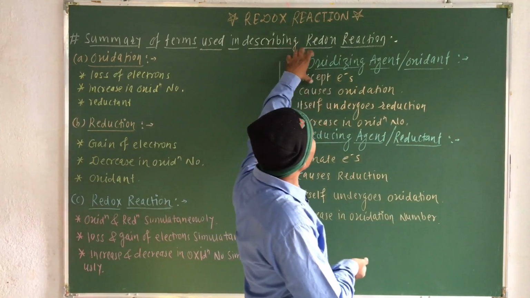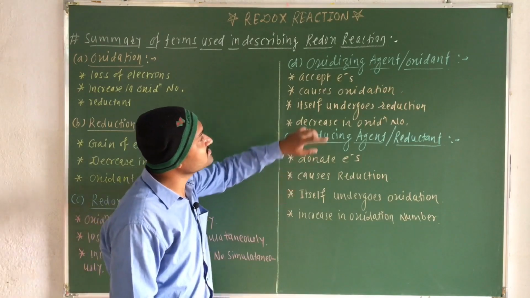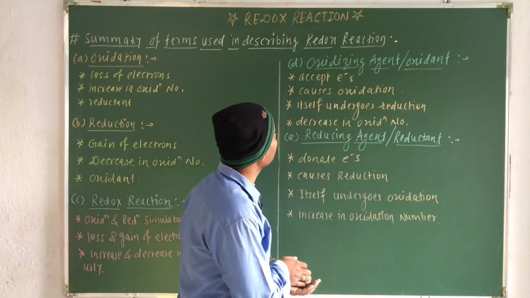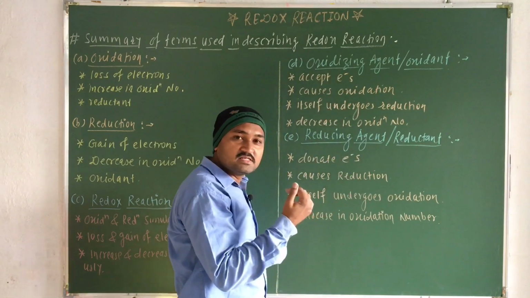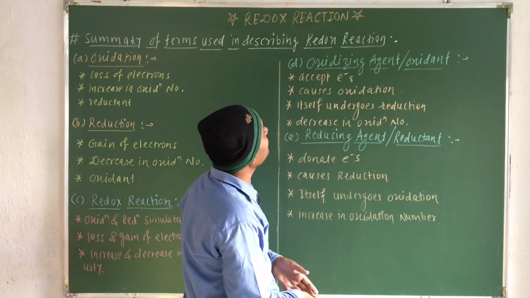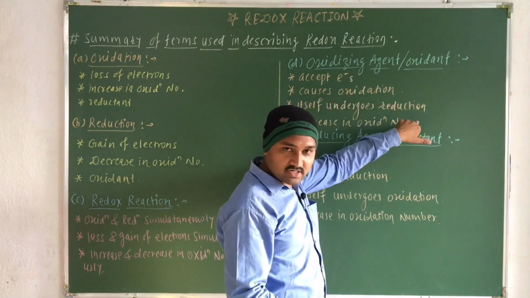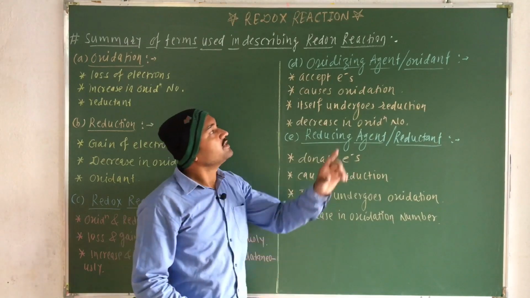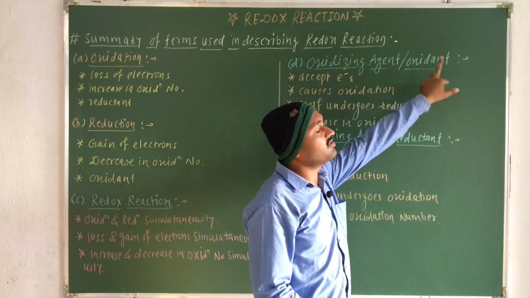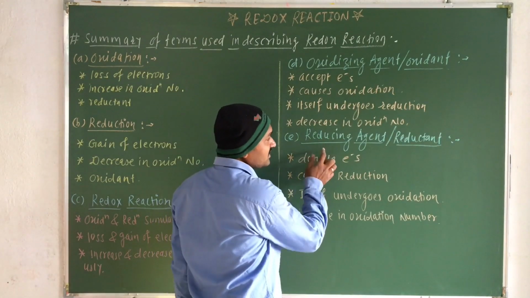Now next, oxidizing agent and reducing agent, that is, oxidant and reductant. Generally your oxidizing agent species accepts the electron, it causes the oxidation, itself undergoes reduction, and a decrease in oxidation number takes place in your oxidizing agent or oxidant. Now what about the reducing agent?